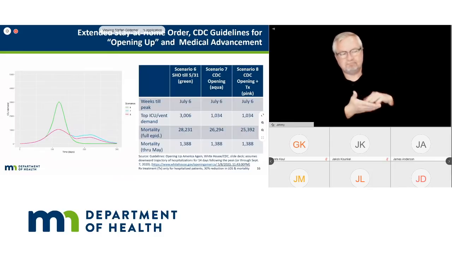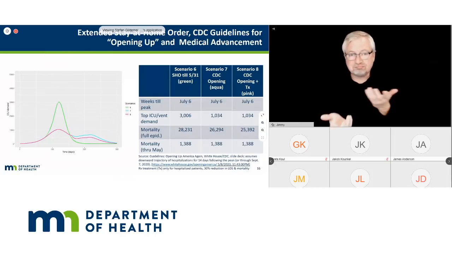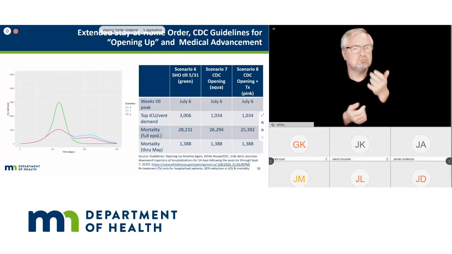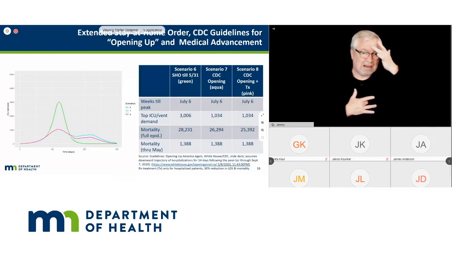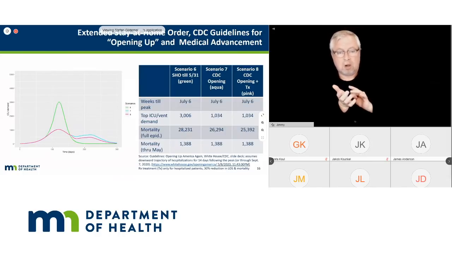If we're looking for a treatment like remdesivir to be available in sufficient doses to treat patients, perhaps beyond those who are hospitalized, but also those who would be affected and who are at home in isolation, for that to be effective, I think we want to possibly avoid a peak.